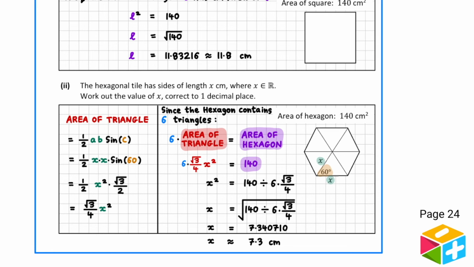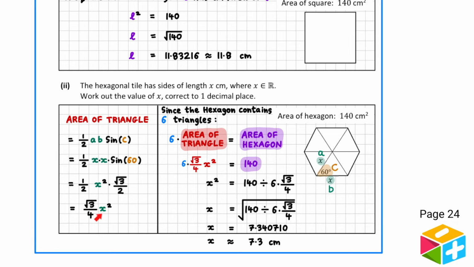To use our formula, we can let a be equal to x, b be equal to x, and C be equal to 60 degrees. Subbing these in gives us a half times x times x times sine 60. x by x simplifies to x squared, and using our calculator, sine 60 becomes root 3 over 2. To simplify further, we can multiply the half by the root 3 over 2, and this gives us root 3 over 4 times x squared.